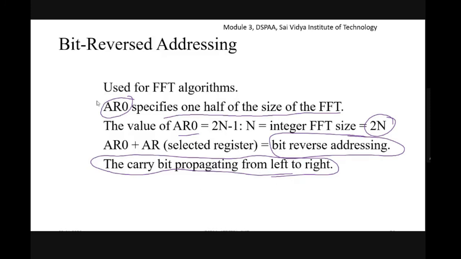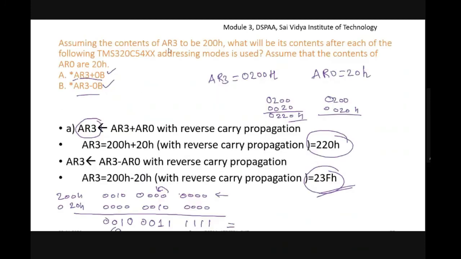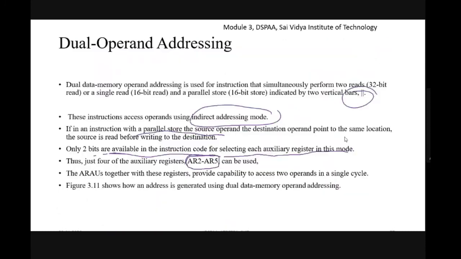If it is subtraction, we have to subtract, but the carry bit propagation or borrow bit propagation is from left to right. Then we have one simple example, assuming the content, analyzing the bit reversed addressing mode. Whenever plus 0B or minus 0B is there, it is a bit reversed addressing mode. How we have calculated this 23FH and 220, we have learned in the previous class.